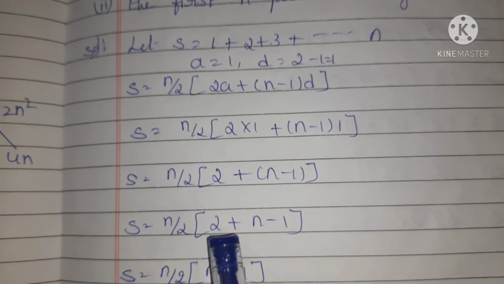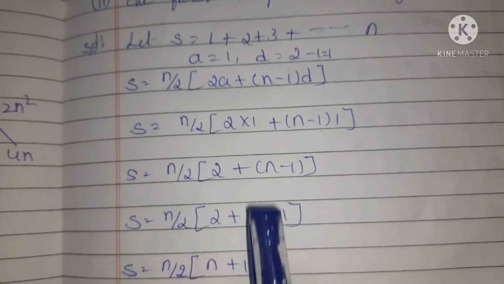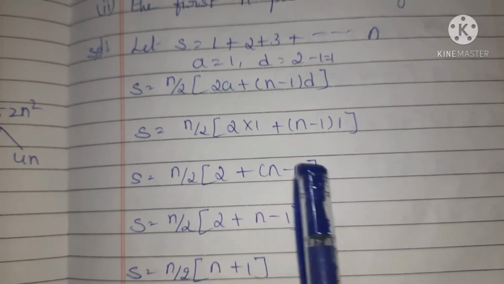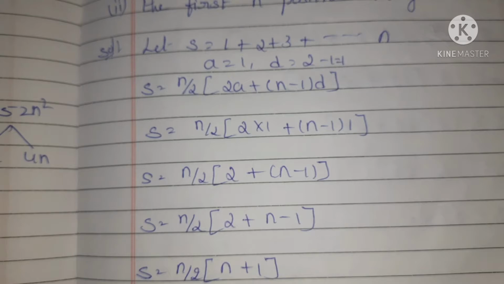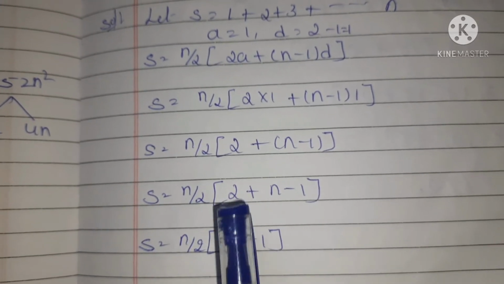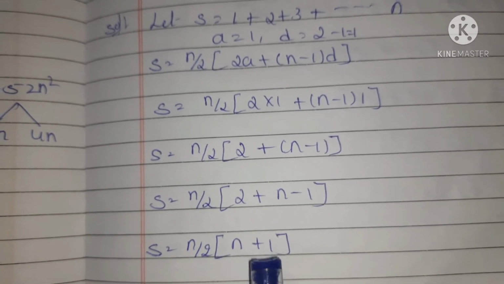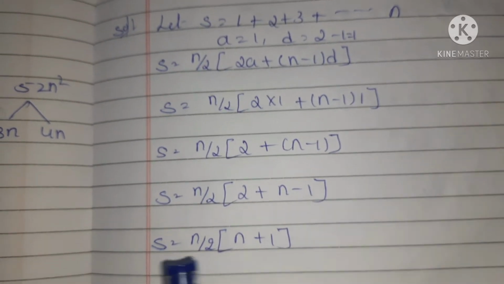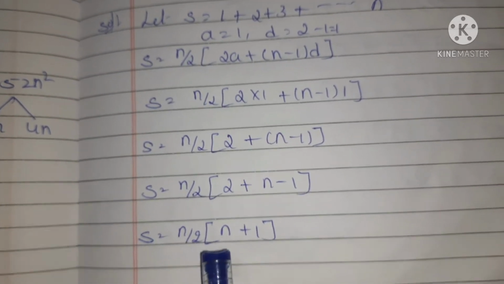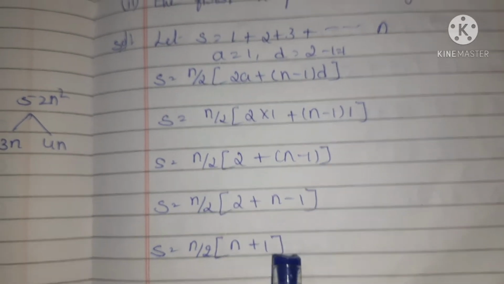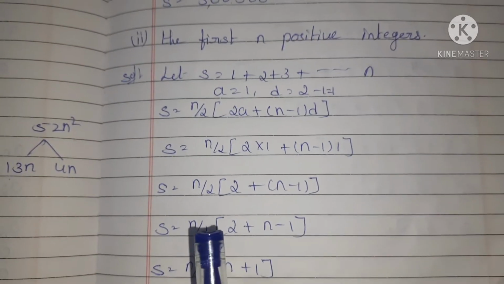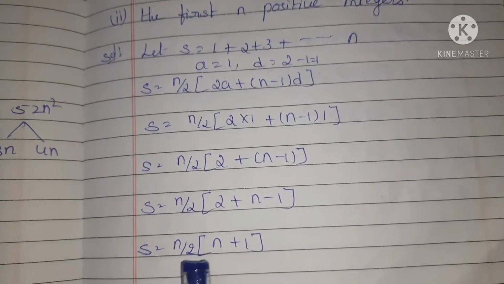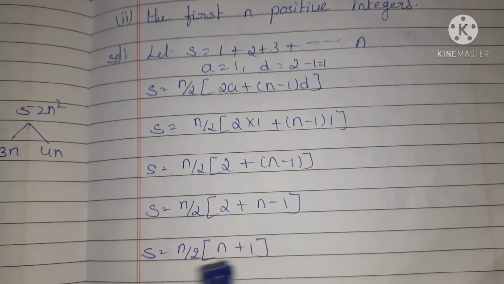S is equal to n by 2 into 2 plus n minus 1. Now S is equal to n by 2 into n plus 2 minus 1 is 1, n plus 1. Therefore S is equal to n by 2 into n plus 1. The sum of the first n positive integers is S is equal to n by 2 into n plus 1.